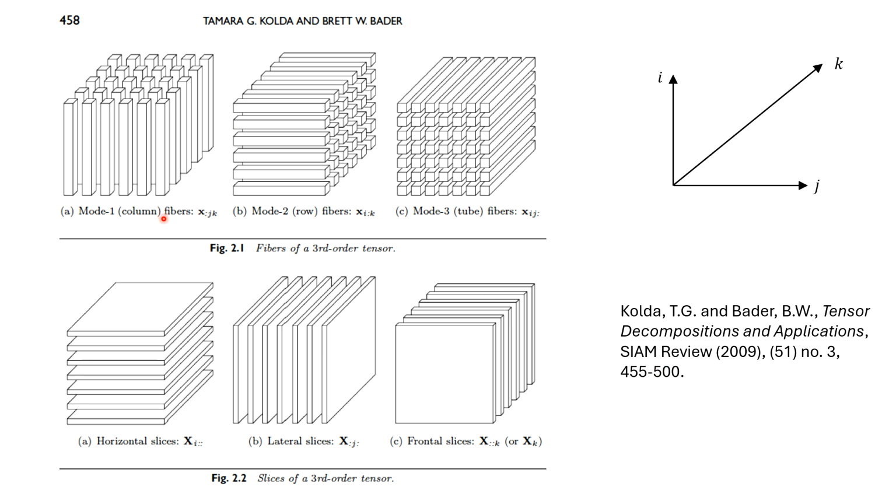So in the first view, our tensor x, you notice they have a colon for the first index, and then j and k for the other two indices. So basically this is saying pick a j and k, something like 2, 3, and that would be one of these columns, and then you vary over the i.